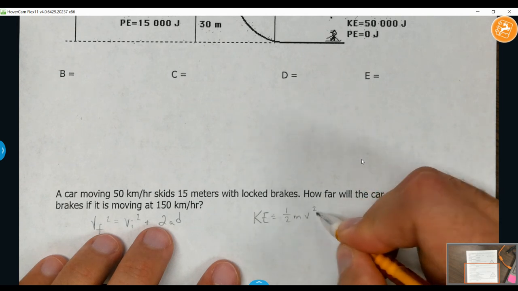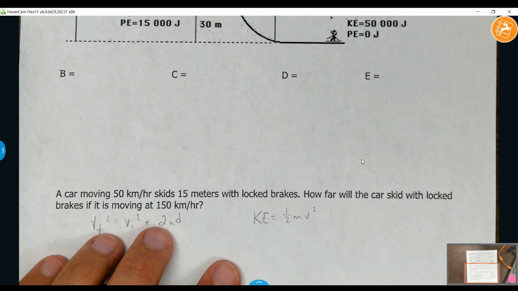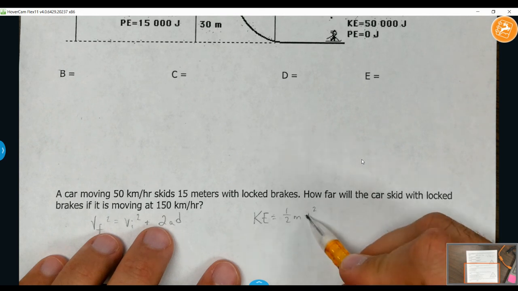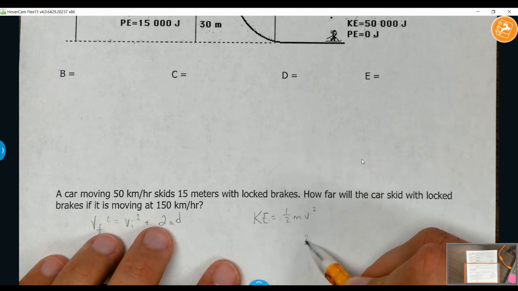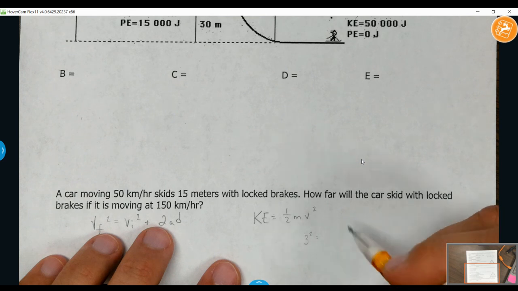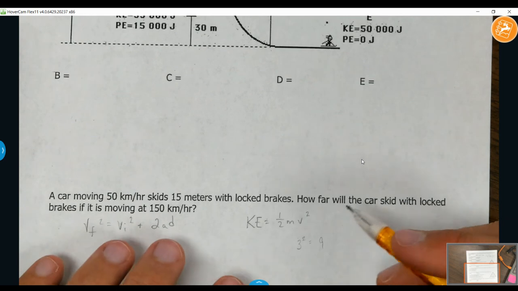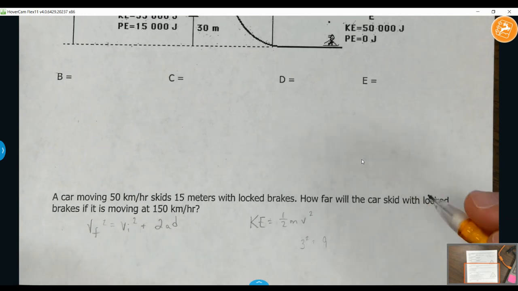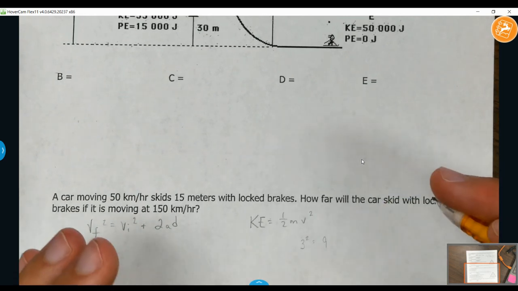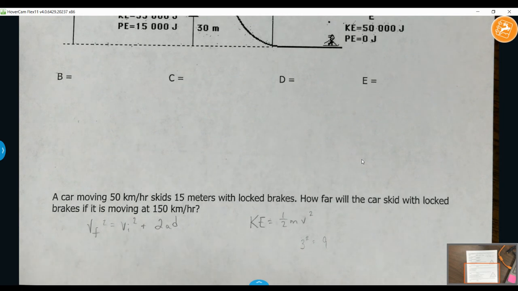All right, if you're changing v in this equation, if you triple the velocity, 3 squared would be 9. So the kinetic energy was increased 9 times. So by tripling v, it means the kinetic energy is increased by 9.